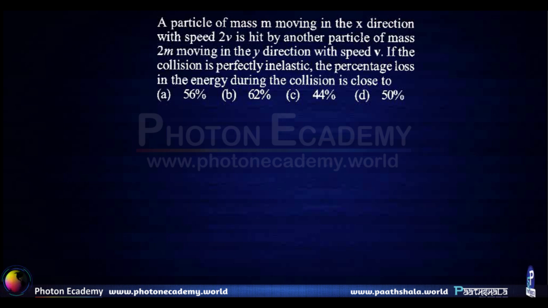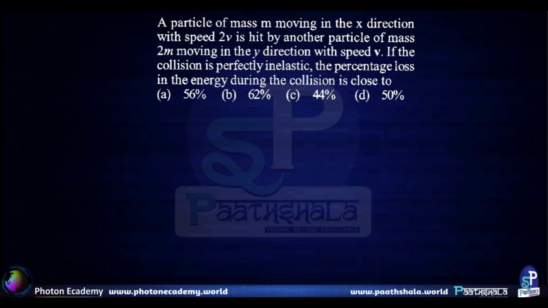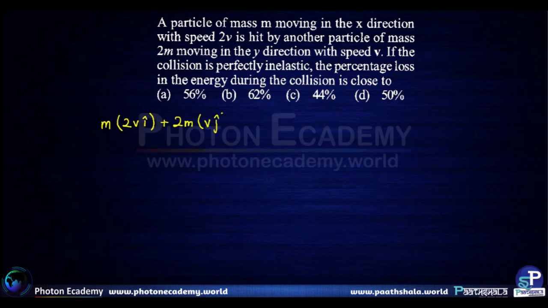We can still apply conservation of momentum and get particle of mass m moving with velocity 2v in the x direction plus particle of mass 2m moving with speed v in the y direction, and this would be equal to 3m into the velocity of the combined mass.